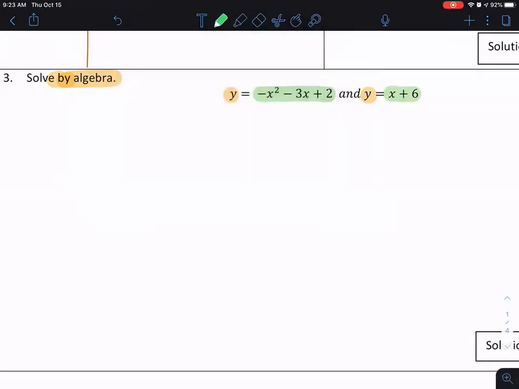So we're going to write negative x squared minus 3x plus 2, pay attention, equals x plus 6. You must set them equal to each other and then set it equal to 0. There are plenty of these in the notes.